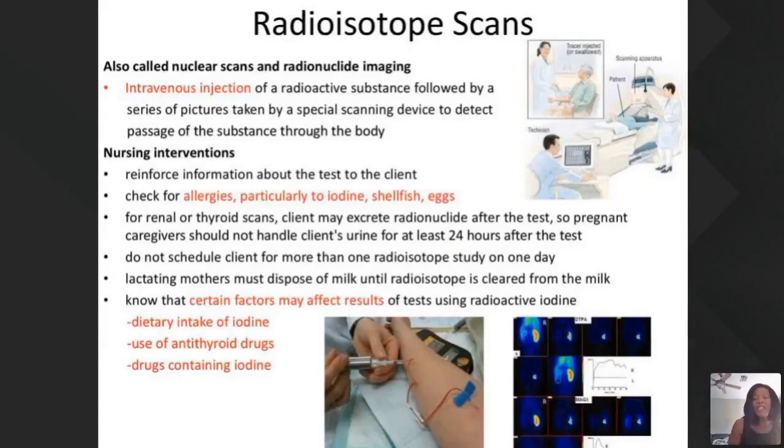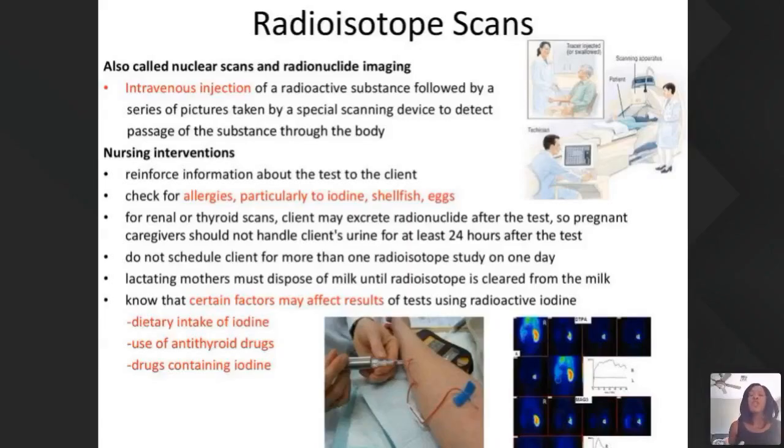The dye that is used to make this injection is usually made with the shellfish product, eggs. So if they're allergic to iodine itself, to shellfish, to eggs, they cannot do this test, because you're going to cause more trouble. So we need to find another diagnostic test for them.